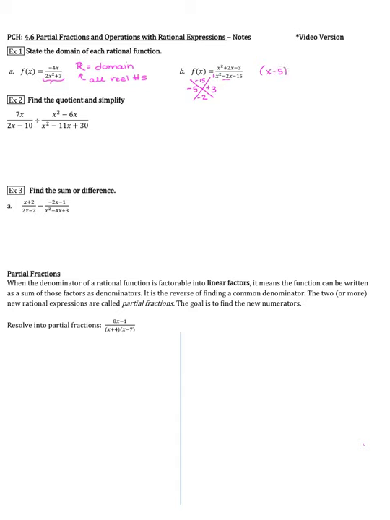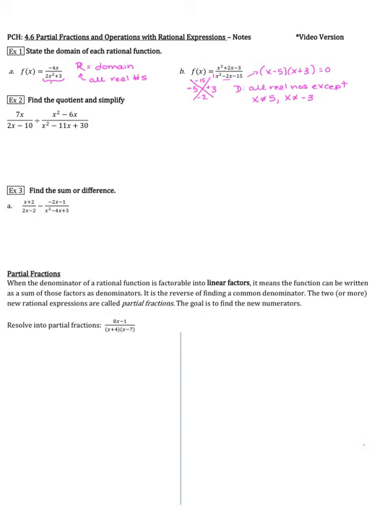So x minus 5, x plus 3, that's how your denominator would factor, which means our domain is going to be all real numbers except x cannot equal a positive 5 because that would make that factor 0, and x cannot equal a negative 3. Whatever makes the denominator equal to 0 has to be restricted because that would be a vertical asymptote. All right, so that's just for identifying the domain.